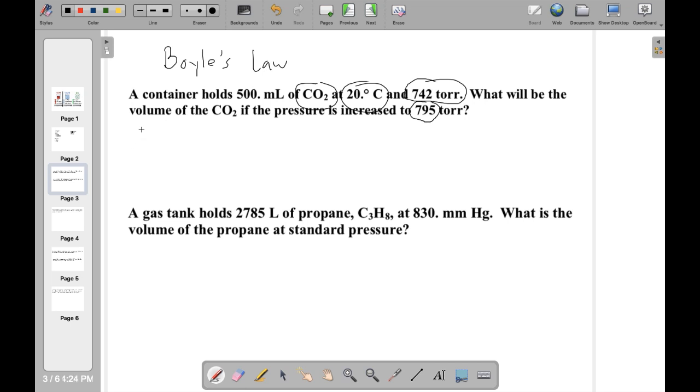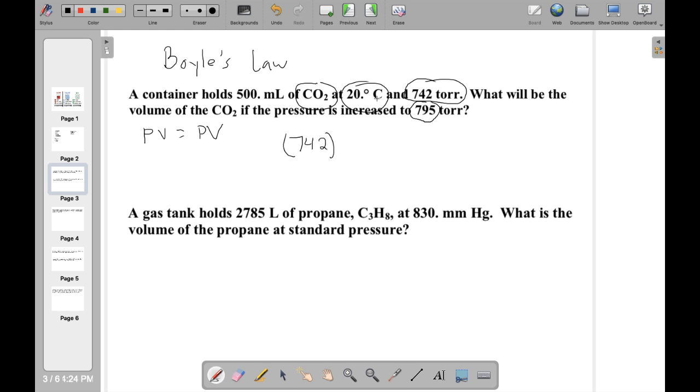Well, we will use Boyle's law. Pressure times volume equals pressure times volume. Let's get our first pressure, 742 torr.